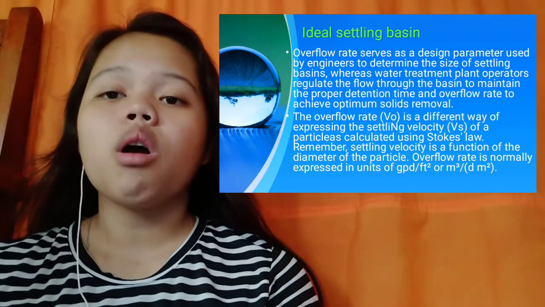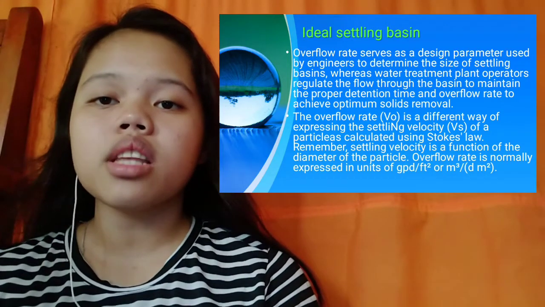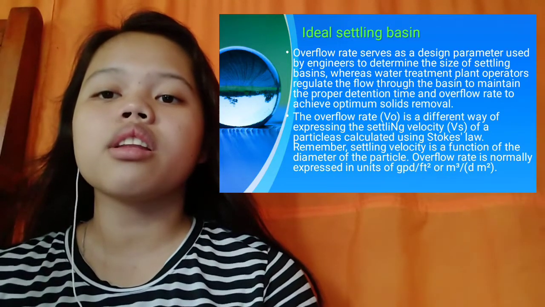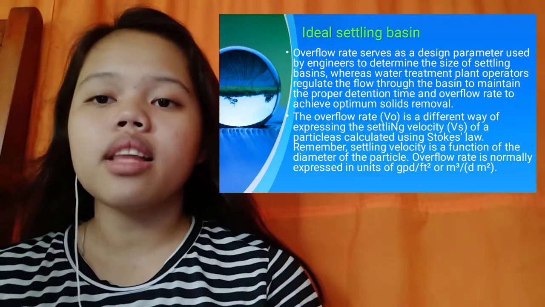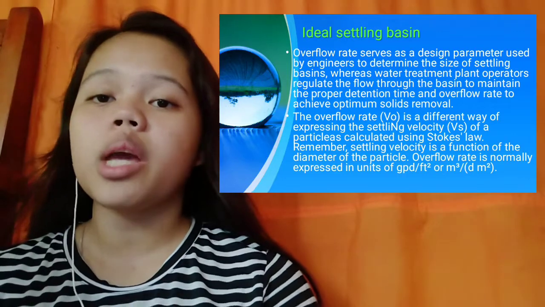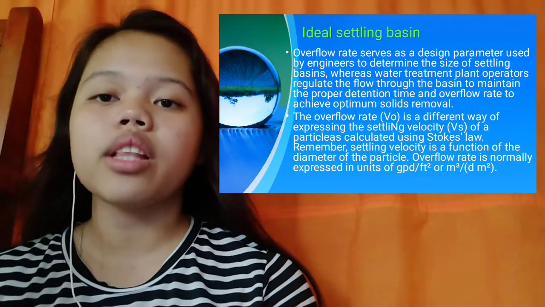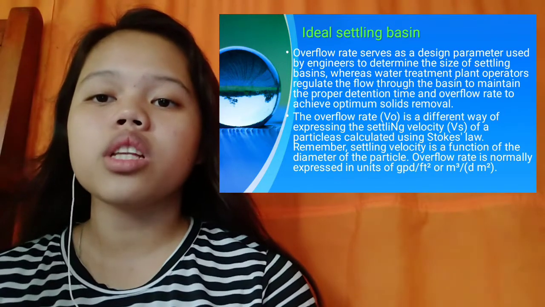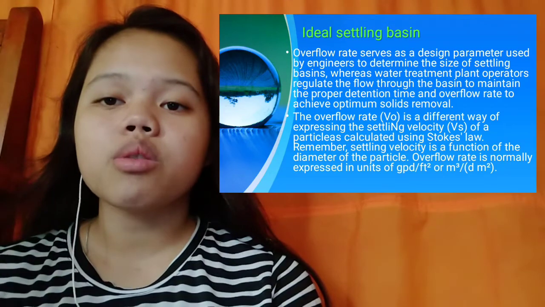The overflow rate is a different way of expressing the settling velocity of a particle calculated using Stokes' law. Remember, settling velocity is a function of the diameter of the particle. Overflow rate is normally expressed in units of GPD per square foot.